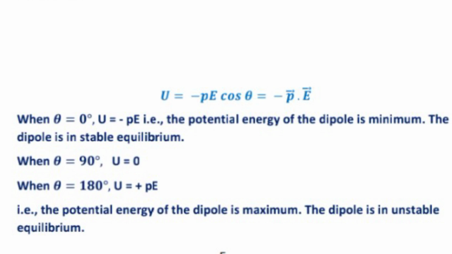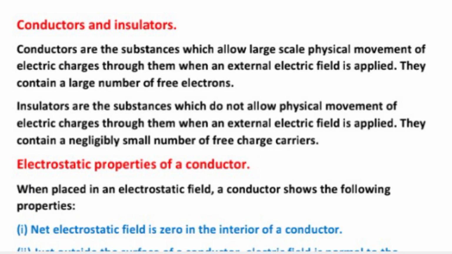Now I am moving to conductors and insulators. What are conductors and insulators? Conductors are the substances which allow large scale physical movement of electric charges through them when an external electric field is applied. They contain a large amount of free electrons.